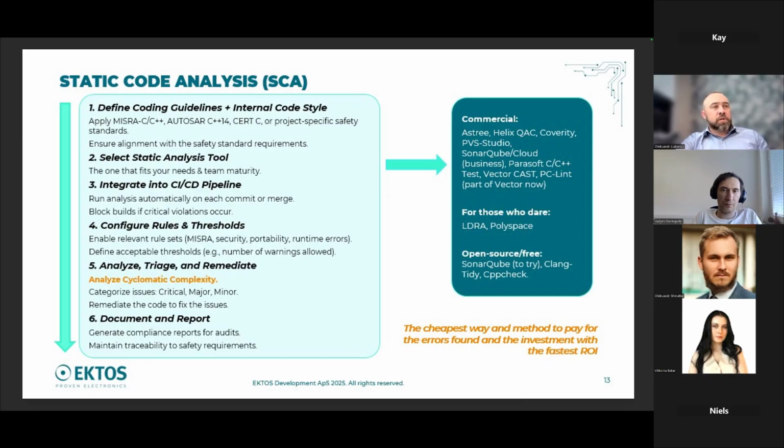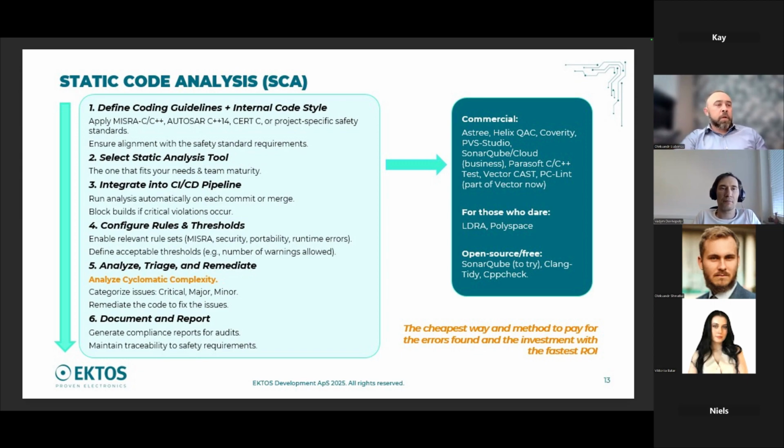Here on the right side, you can see some super commercial, super fancy tools for static code analysis, and some open source or free tools that will help you enter the game and figure out what you can do. Tools like Clang-Tidy or Cppcheck are also pretty capable, but like always with open source, they are less intuitive and a little bit harder to build and start using.